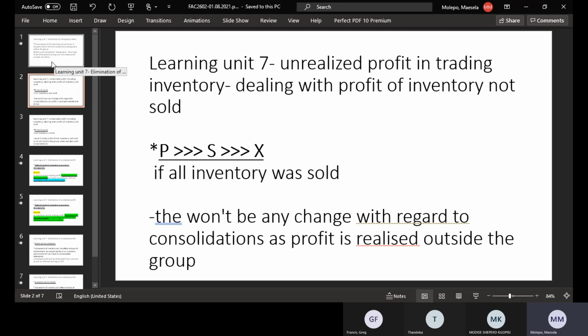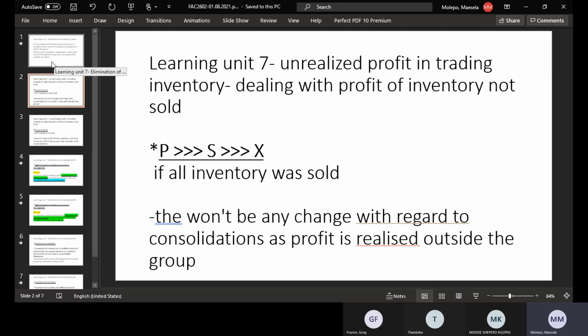To eliminate the unrealized profit, the subsidiary has to subtract the 200 from its closing inventory. At the end of the financial year, the subsidiary will be having an inventory of this much. Out of that inventory, it has to deduct the profit of 200, because that profit was not yet realized, as the inventory was not sold to third parties.